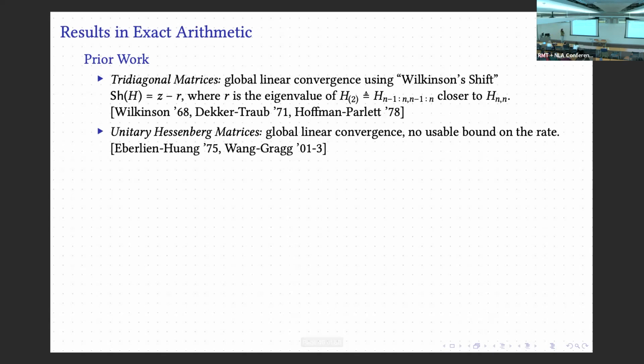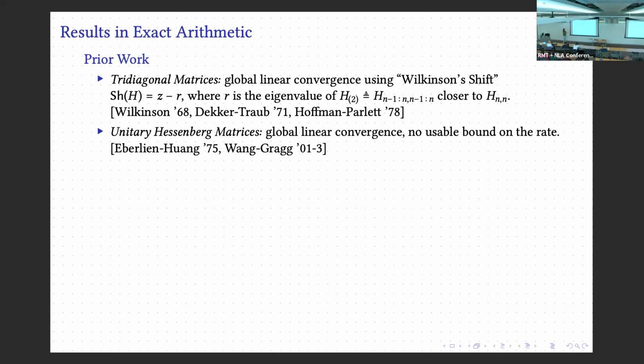Okay, there are also some results for unitary Hessenberg matrices where there's a shifting strategy which gives you global linear convergence, but the bound on the rate is not so easy to use. And other than this, there's really not a lot of results of this form, which say here's a shifting strategy, it works globally, end of story.